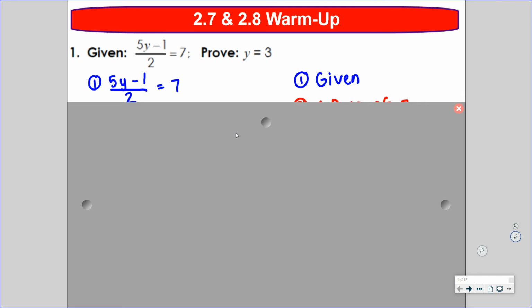So remember, our first step is we always have to state what's given to us. So (5y minus 1) over 2 is the same as 7, and we're trying to prove that y is 3.